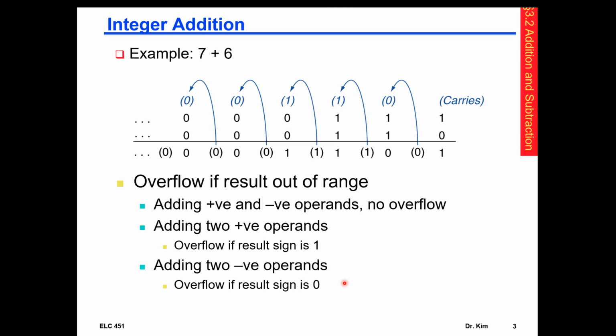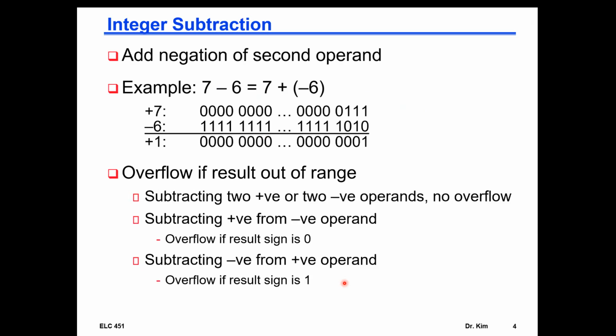If we should have had a negative result, but the sign is 0, then we have an overflow. So let's look at some examples. Let's say that we have the number 7 and we are adding that to the number -6.